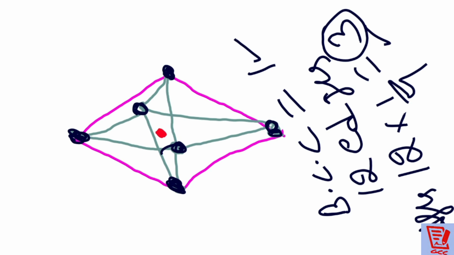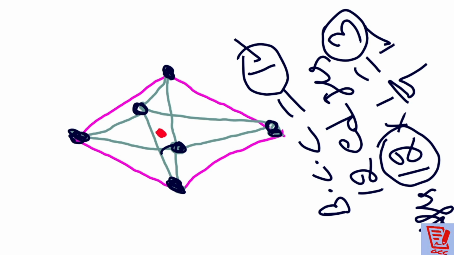Where can we make the octahedral void? We can't make it at the corners. We can make it at the BCC, the center of the cube, and on each edge center. Total edges are 12, and one edge contribution is 1 by 4. So octahedral voids at the edges become 3. So total becomes 1 plus 3.